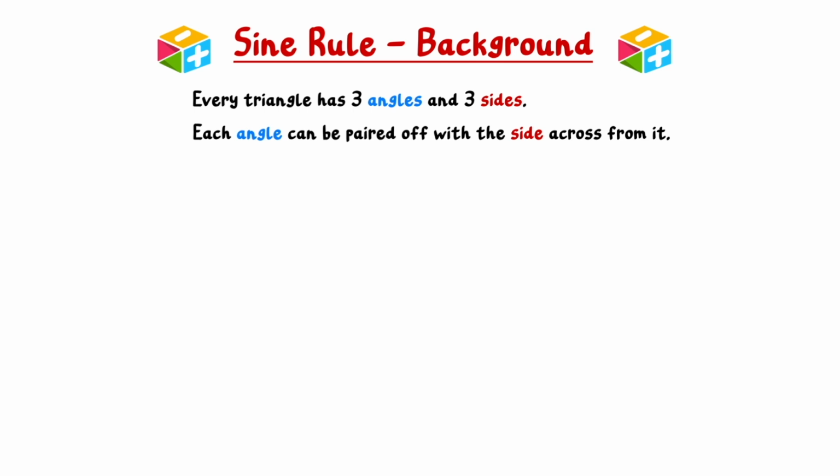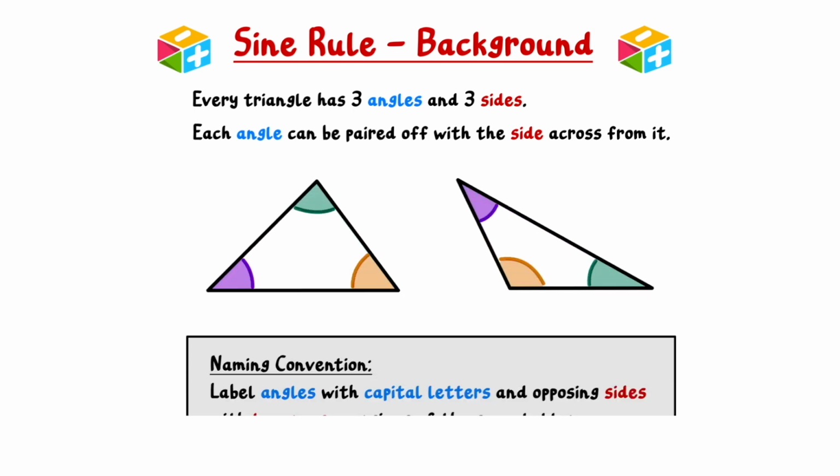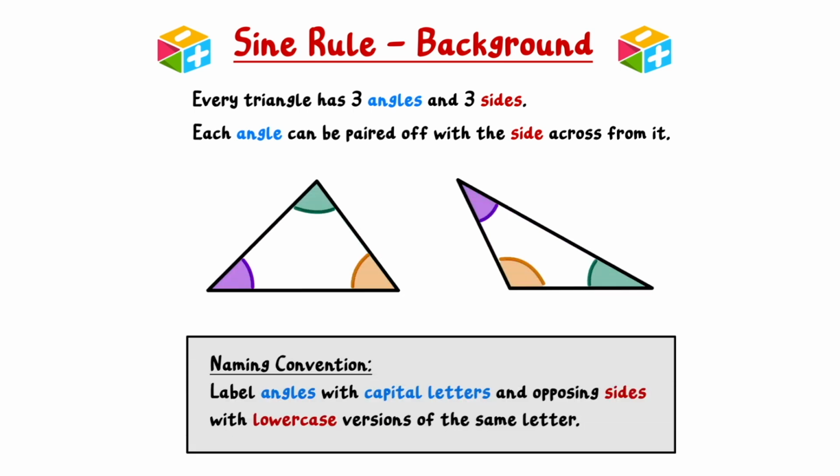Along with an understanding of side angle pairs, it's also crucial to get comfortable with the following naming convention. Angles are labelled with capital letters and the opposing sides are labelled with the lowercase versions of the same letter. Let's illustrate this.